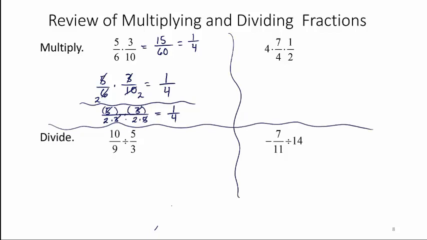Let's do this other multiplication example when we have 4 times 7 over 4 times 1/2. Remember that 4 out front that we're multiplying? You can write that over 1. 4 over 1 is the same thing as 4. So you're not multiplying that 4 times the numerator and denominator. You're just multiplying it times the numerator, right?